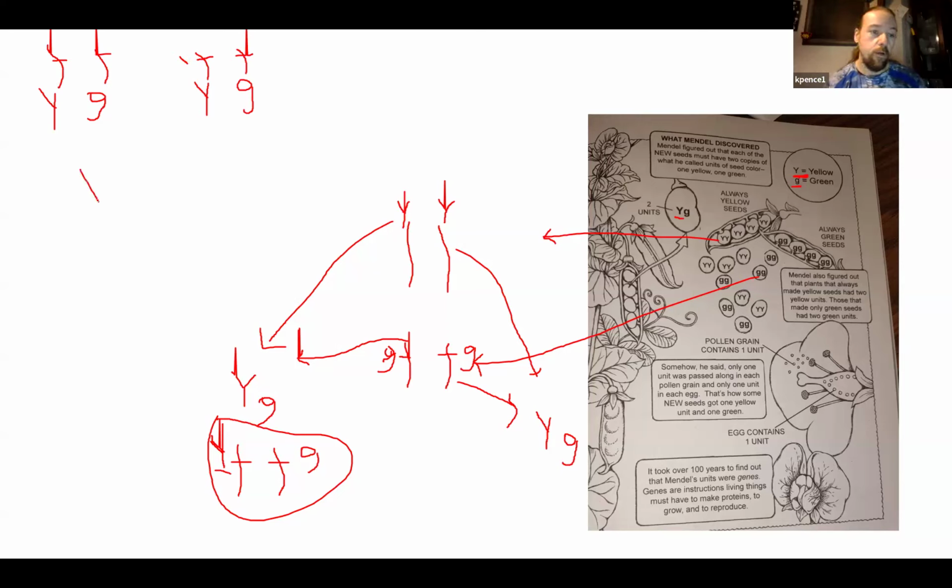So maybe YY. So that's if that one and that one add together. There's a chance for YG. So that's if the Y and the G's add together, you actually get that times two. There's twice the likelihood of this one because there's that Y and that G, and then also that Y and that G. And you also get a G and G combination.